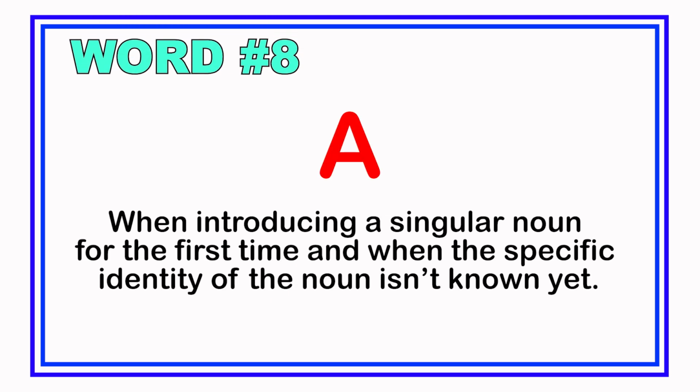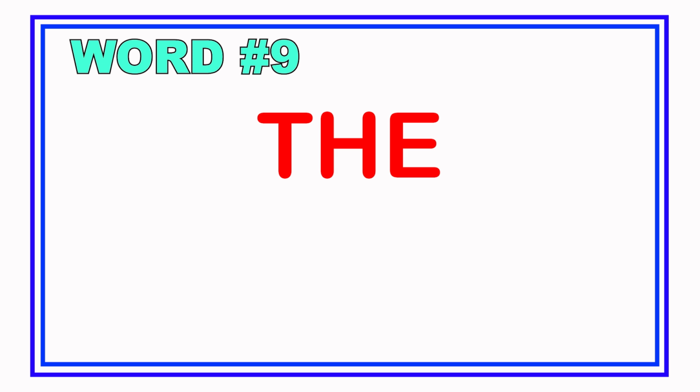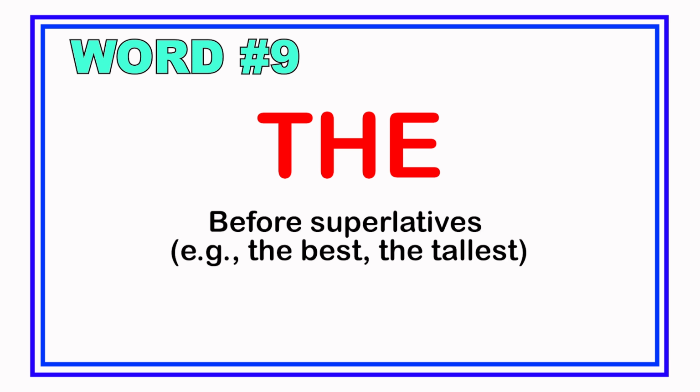Number 8, use a when introducing a singular noun for the first time and when the specific identity of the noun isn't known yet. Number 9, use the before superlatives. For example, the best, the tallest.